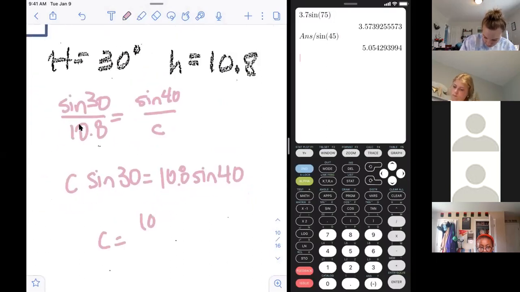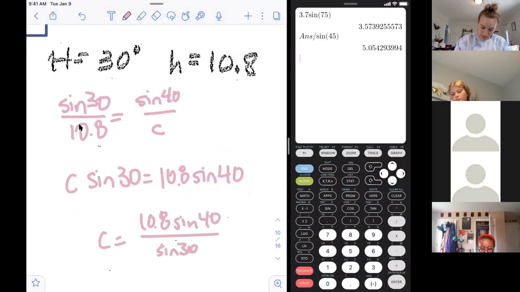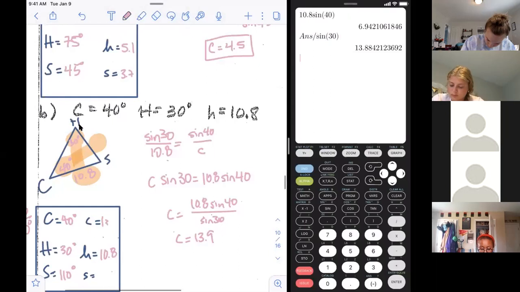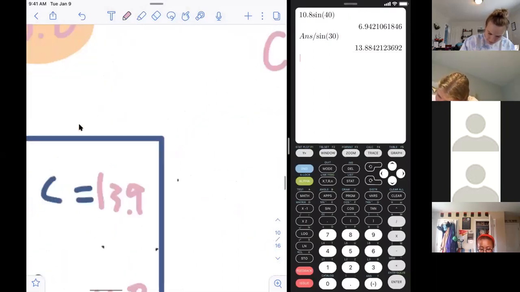Divide by sine 30, so 10.8 sine 40 over sine 30. Oh, that's not what I want. I got 13.9 for that one.